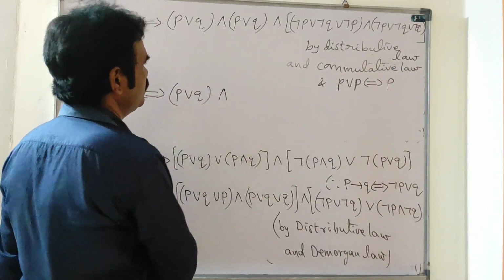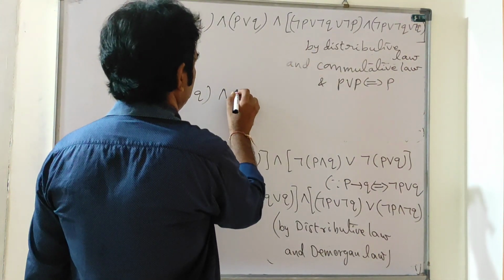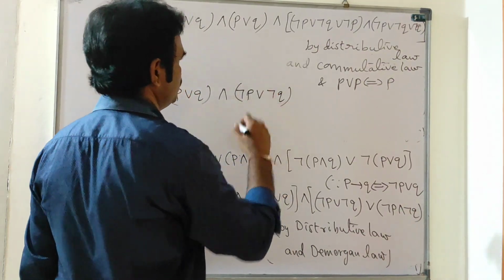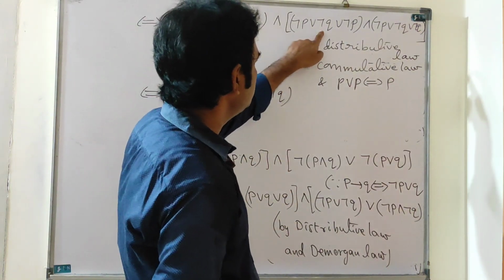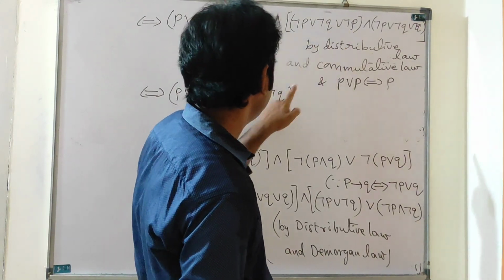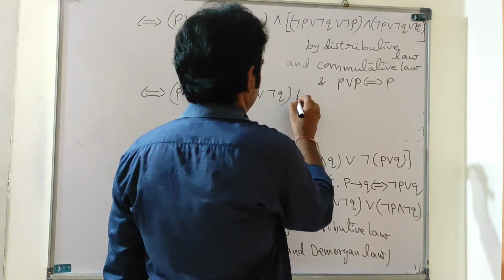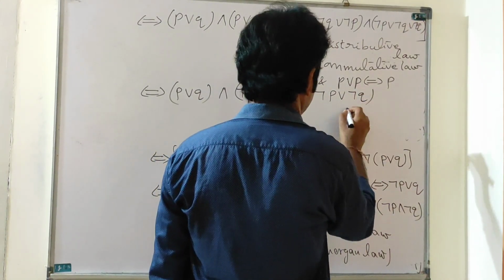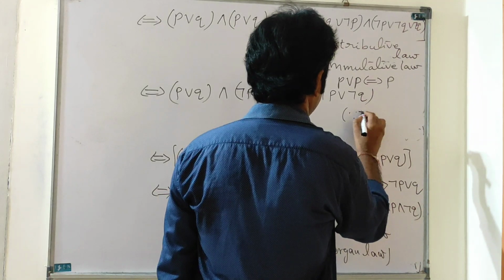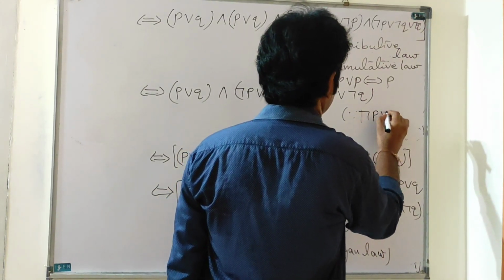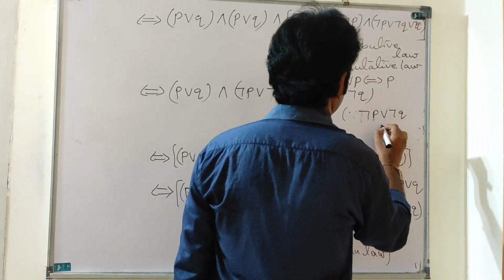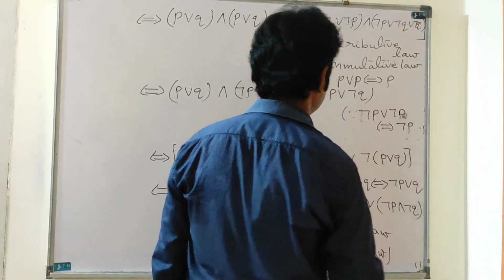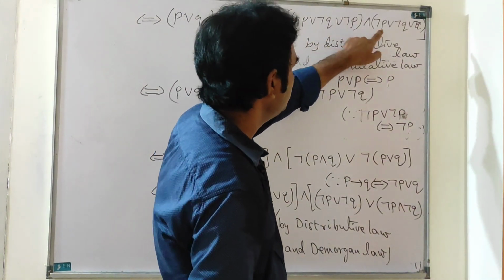And now this is negation P or negation Q, since negation P or negation P is negation P, and this also negation P or negation Q. Since negation P is 2 times here, negation Q is 2 times here.